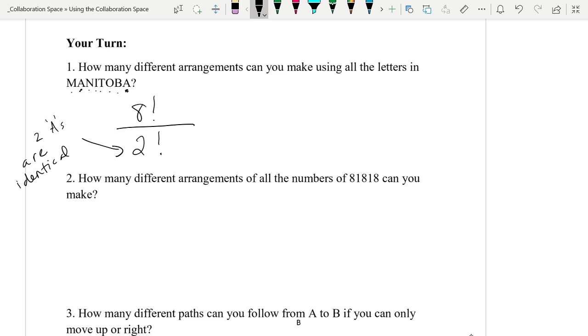And I don't know if I can do 8 factorial divided by 2 factorial in my head. That would be 8 times 7 times, oh, let's try it.